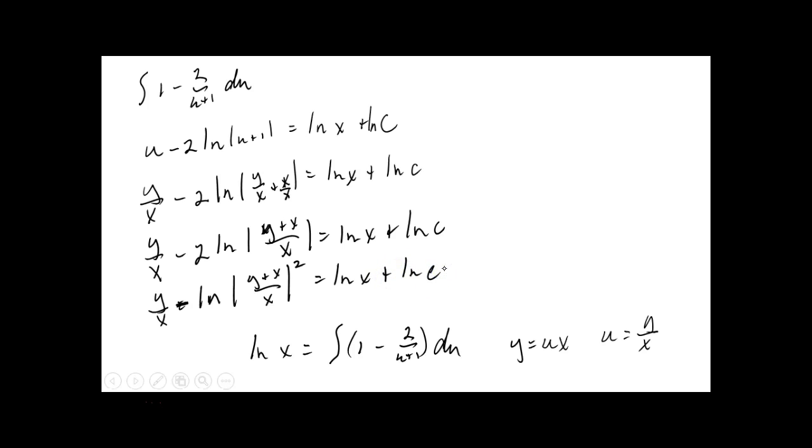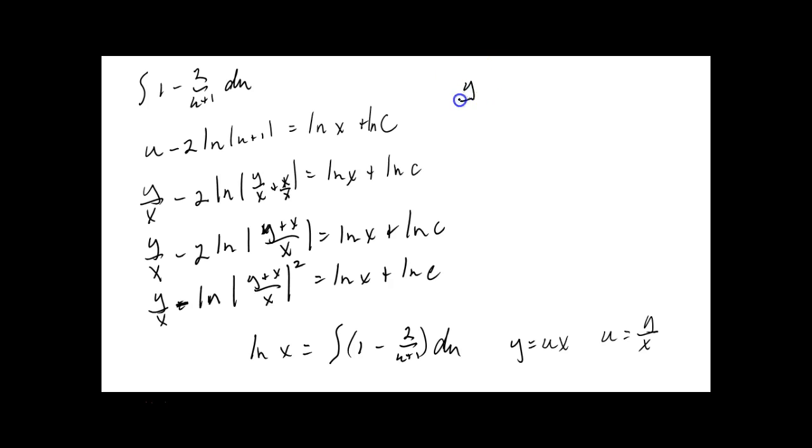Okay. Now, what we're going to do next is isolate the y over x, get all the logs on one side and the things without logs on the other side.